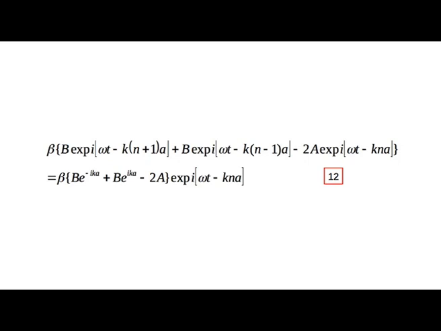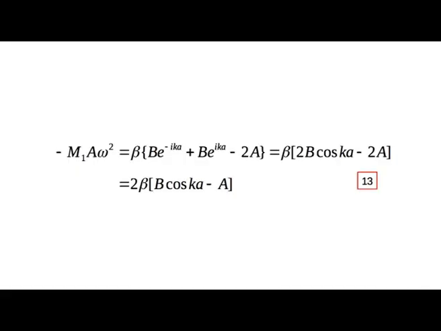It is a very straightforward derivation. So, from equation number 11 representing the left hand side and equation number 12 for the right hand side, we get minus M1 A omega squared equal to beta into B e raised to minus i k a plus B e raised to i k a minus 2 A, which will come out to be 2 beta B cos k a minus A.